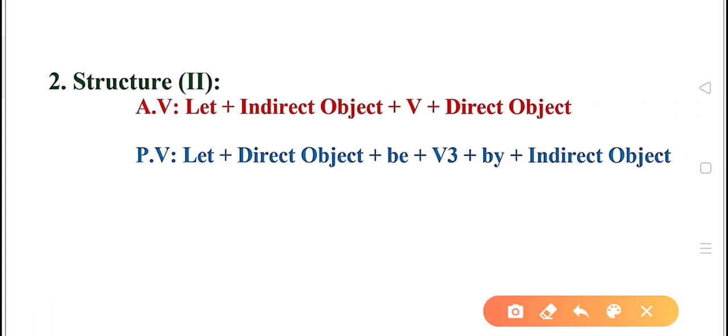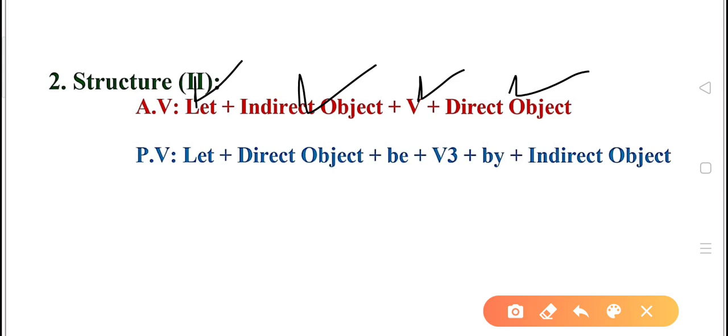Moving to the next, we'll see the structure of the second type. In the second type of structure, the active voice sentence begins with let, just like the previous one. Now over here changes will happen. Let is followed by indirect object, followed by verb, and then comes direct object.